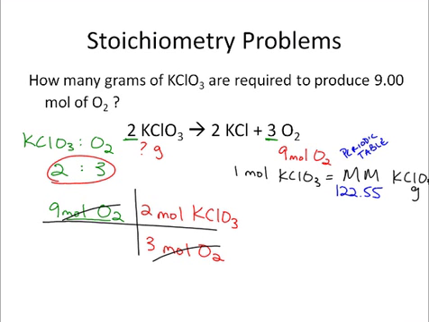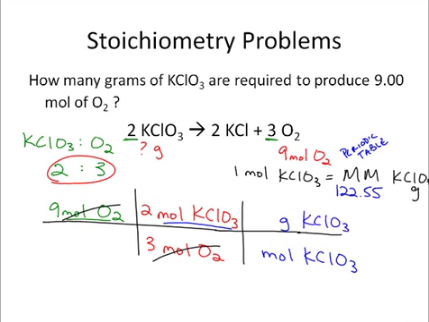Well, so right now, right in my chart, I can add another step. Just like before, I need to make sure that I cancel my units out. So my moles KClO3 are going to go in the denominator. And what I'm going to try and turn that into using a mole conversion is grams KClO3. So now I'm going to go back and reference my relationship up here.